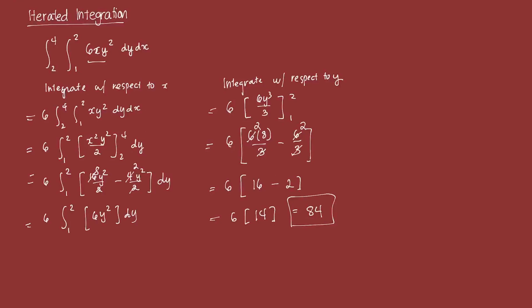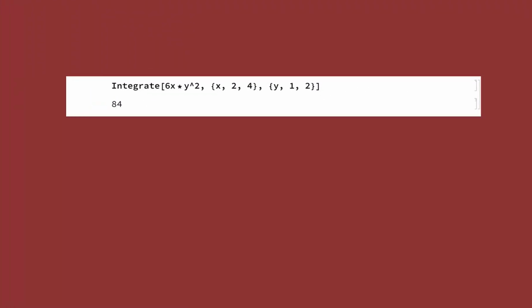And in Mathematica, we can come up with this with a simple command. What we do is use the Integrate command first. Then we specify our function. So this is our function. Then we tell it to integrate with respect to x, so with respect to which variable, then this first number here, 2, that's your lower limit for x.